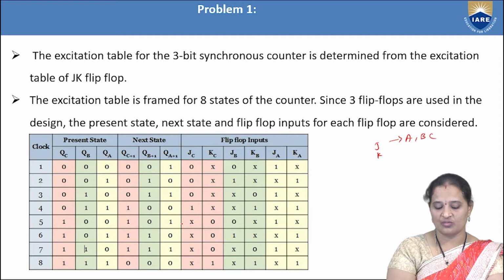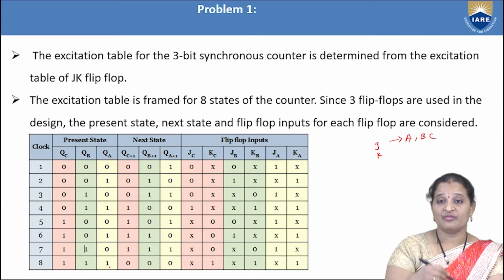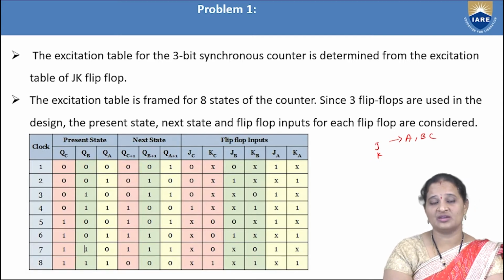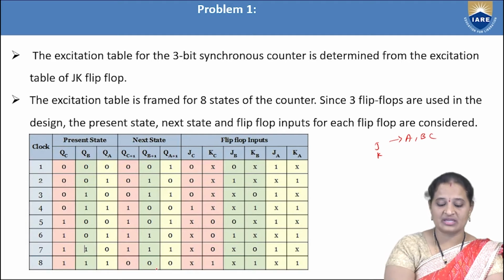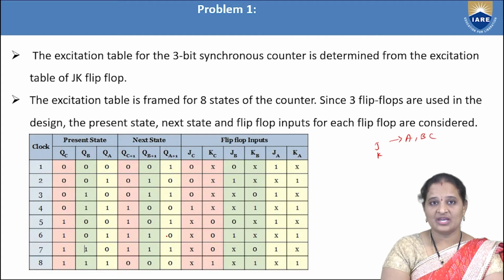Then 1, 0, 0 to 1, 0, 1; 1, 0, 1 to 1, 1, 0; 1, 1, 0 to 1, 1, 1. And at 1, 1, 1 the counter has reached its maximum state, so the next state goes back to the initial state, 0, 0, 0.